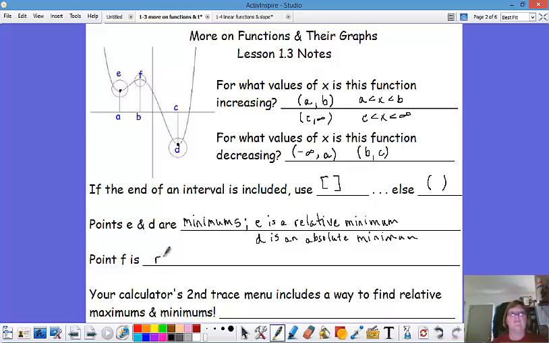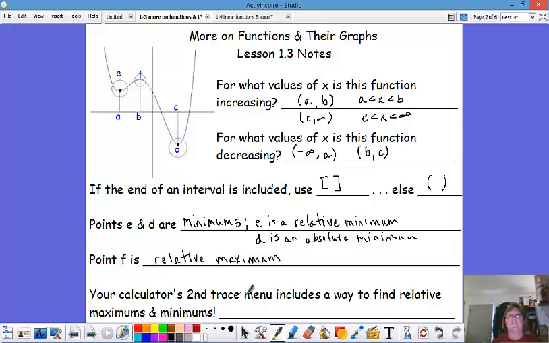Particularly, it's a relative maximum. Why relative, you might ask? Well, there are many other points in this function that actually have higher y values than point F does. Just in the area in the graph where point F appears, it's the highest, so a relative maximum.